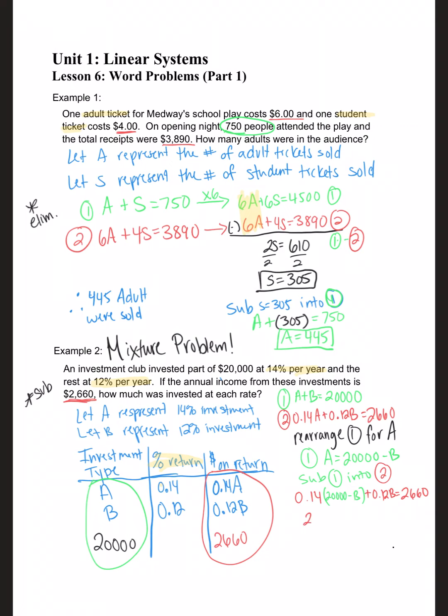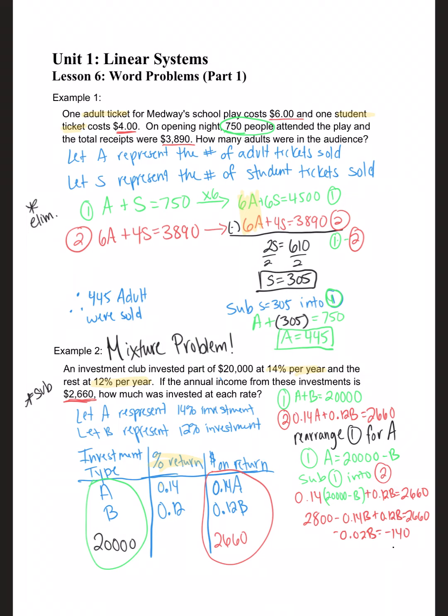So we'll get 2,800 minus 0.14B plus 0.12B equals 2,660. So then we'll just move some stuff over to the other side of the equation and combine our like terms. So negative 0.14 plus 0.12, you're going to end up with a negative 0.02B. And when I move 2,800 over to the other side, you're going to get a negative 140.